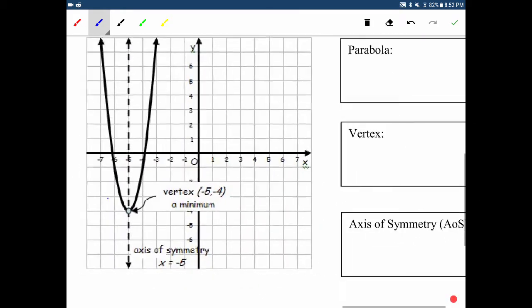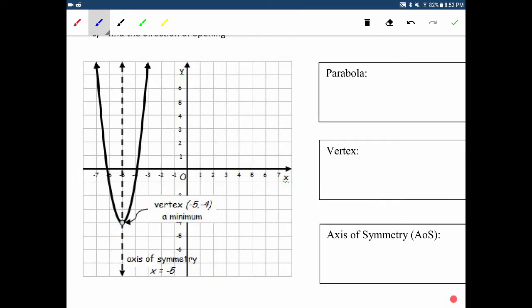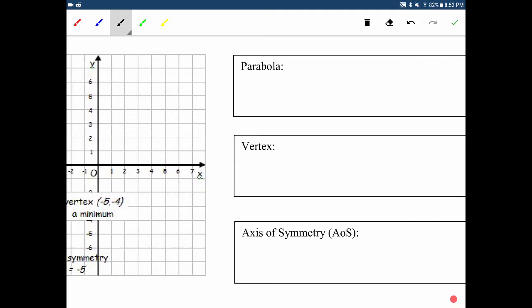Okay, we briefly talked about it. But remember, the vertex is just this point right here. It's the turning point. It's the minimum or the maximum. We talked a bit about this with the domain and the range. Okay, and so it's just going to be that point there. In this case, it's just going to be -5 and -4.